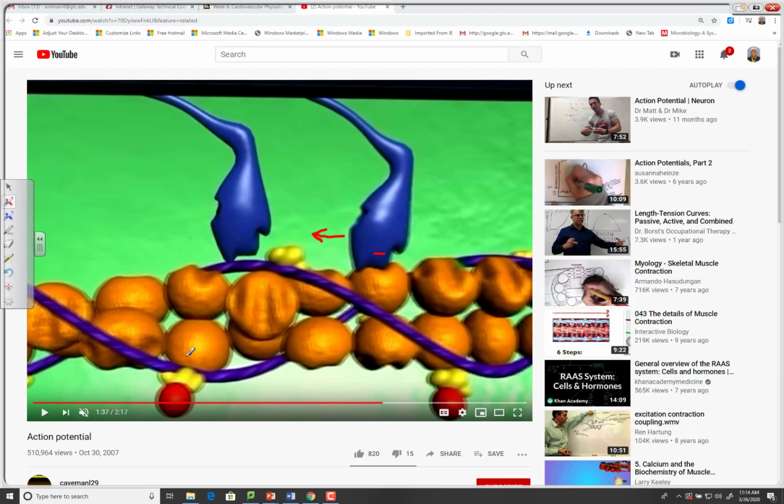Now watch. The more calcium that's released, the more calcium that can bind to that troponin complex, and the more connections you can make between actin and myosin. And the greater the number of connections you make to actin and myosin, the stronger the force of contraction.